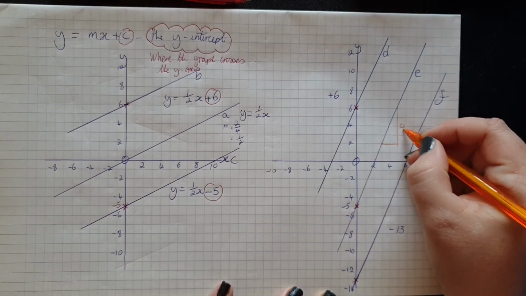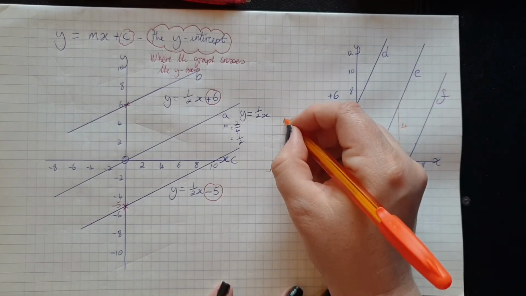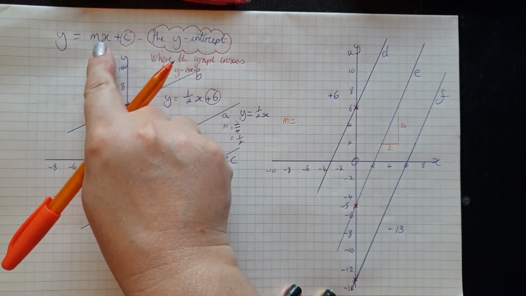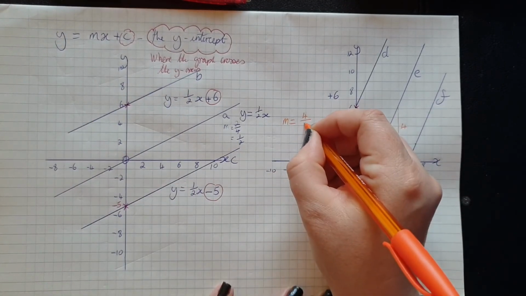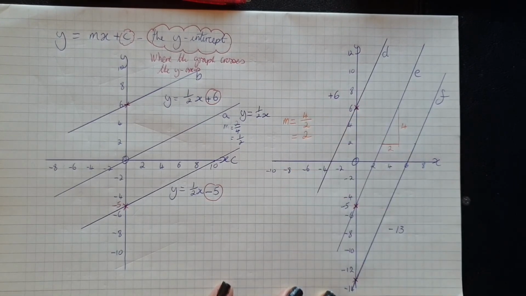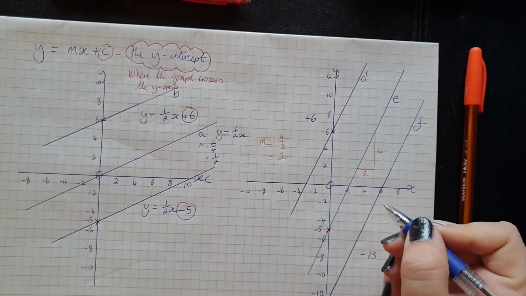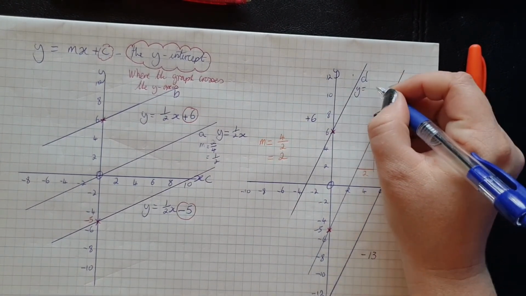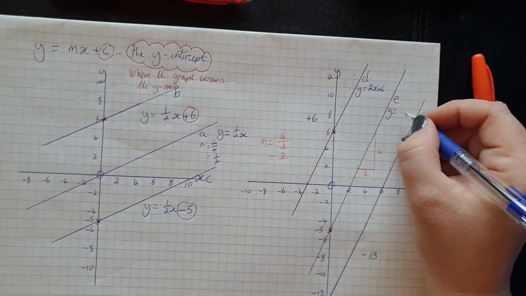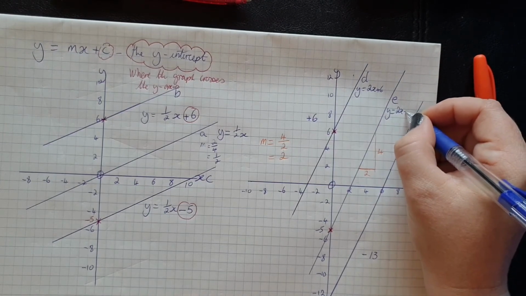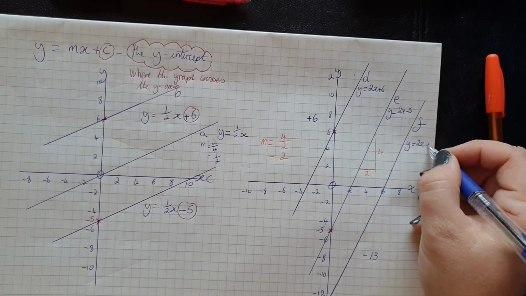We're going up 4 here, we're going 2 here. So when we're calculating our multiplier, m in mx plus c, the change in y divided by the change in x gives us just 2. So we can combine this information to find the equation of each of the lines: y equals 2x plus 6, y equals 2x minus 5, and y equals 2x minus 13.